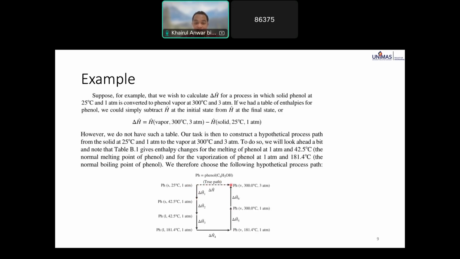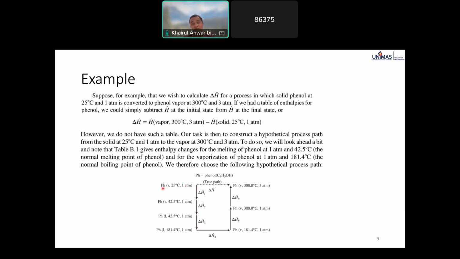If you can find this true path, let's say you have the data already for phenol. This is phenol, delta H. Yes, phenol. You have the table for phenol changing from solid to vapor. Then the hypothetical path here will have the same value as the true path. But since we don't have this data, we don't have data for delta H. Normally we have data for water.